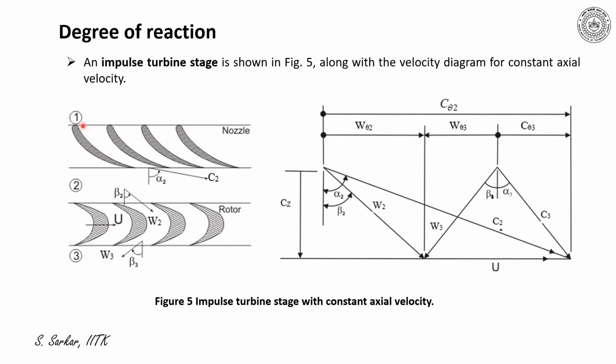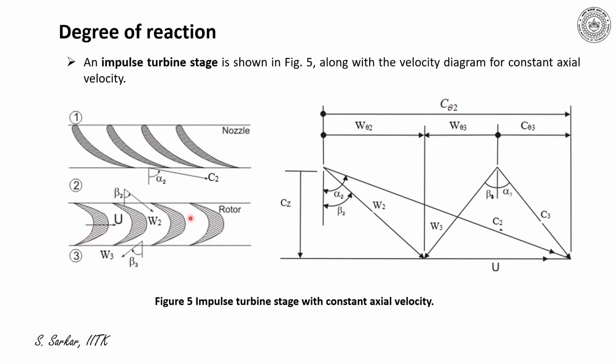As per the definition, the entire pressure will drop in the nozzle and it would create a jet of high speed, which has been indicated by C2 here, that C2 makes an angle alpha 2 with the z-axis. Now, the relative velocity W2 will enter the blade at an angle beta 2 and it will leave the blade at an angle beta 3, where the magnitude I have indicated here as W3, and U is the blade speed.